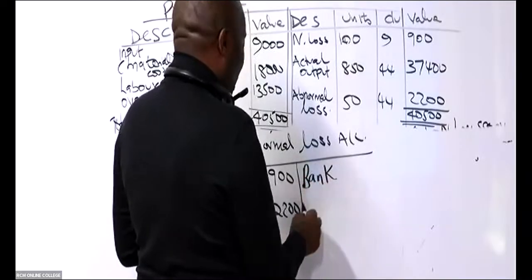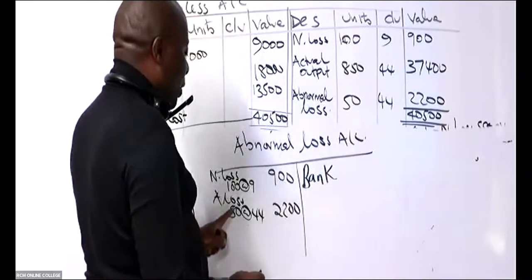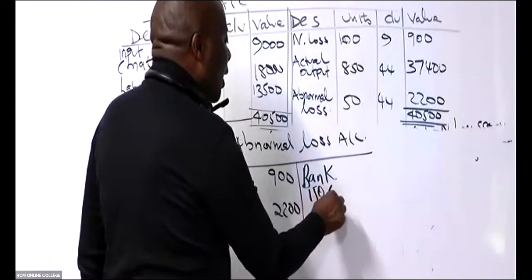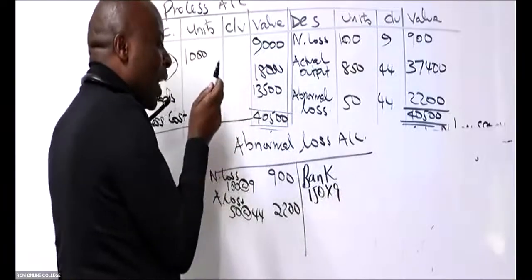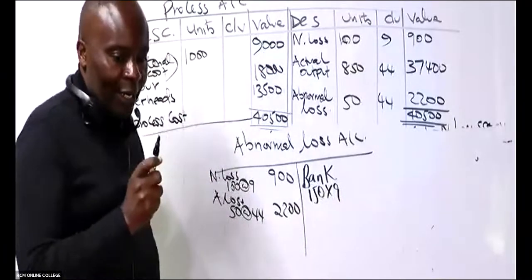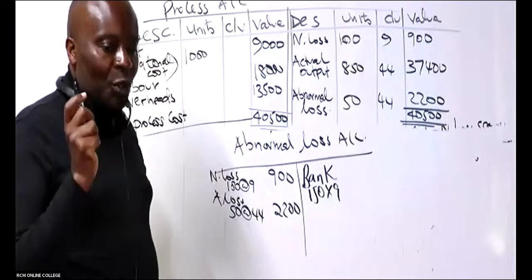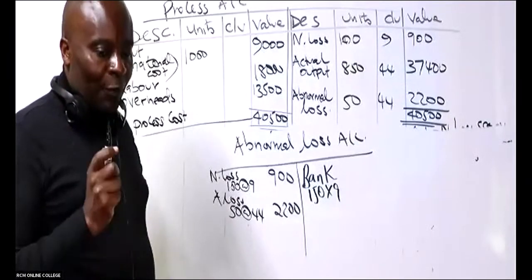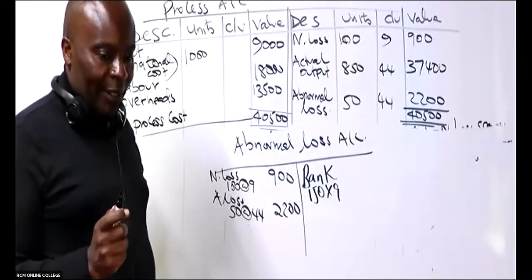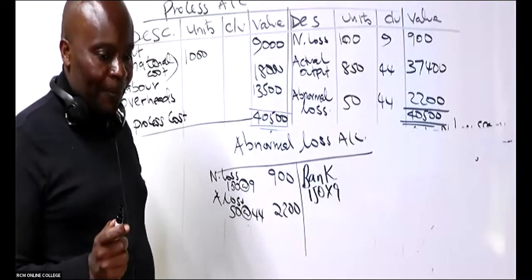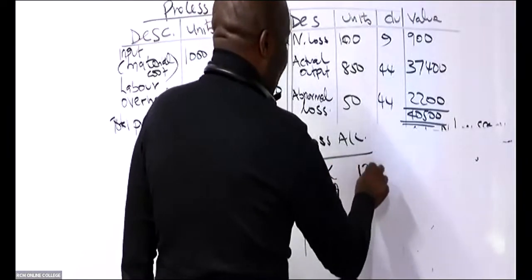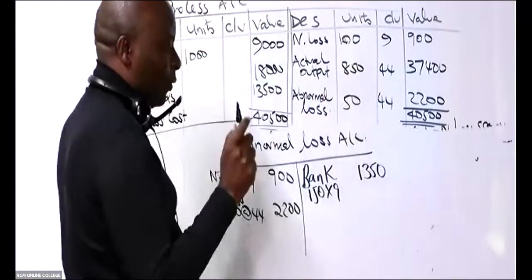The total here is 150 units. Don't forget to scrap them at the scrap value given. So 150 times 9 gives me a figure of 1,350.